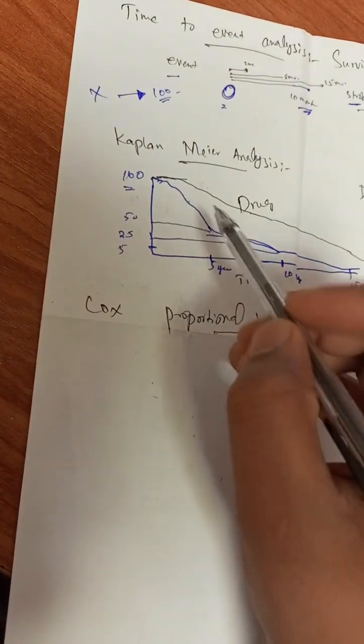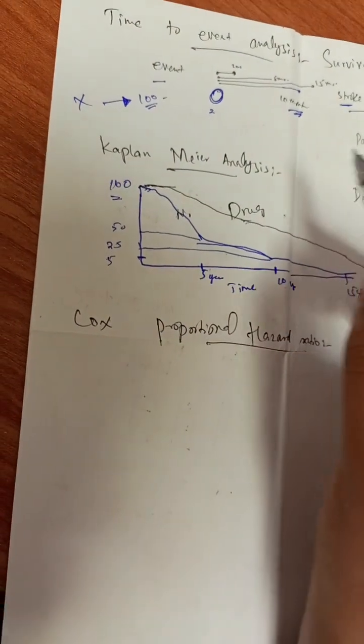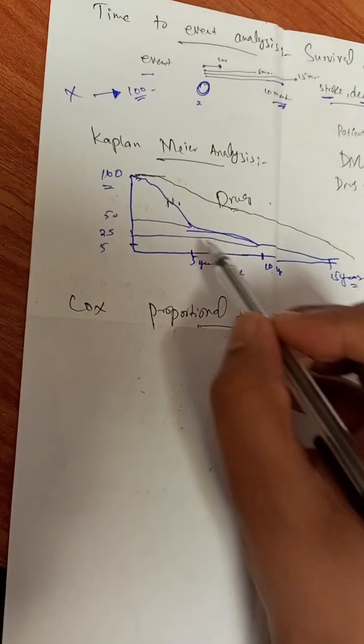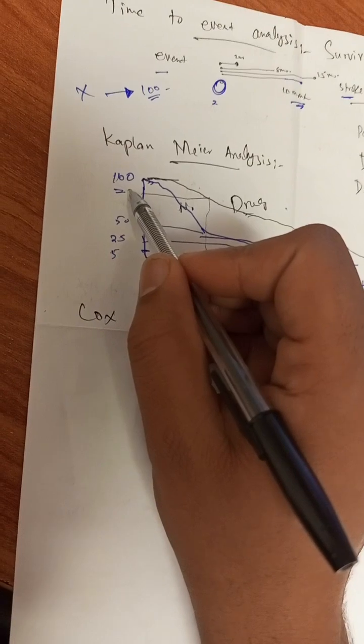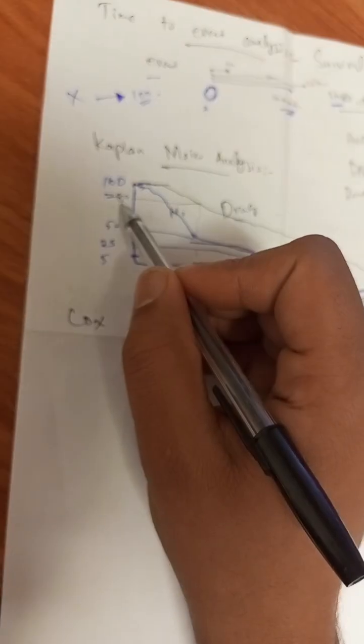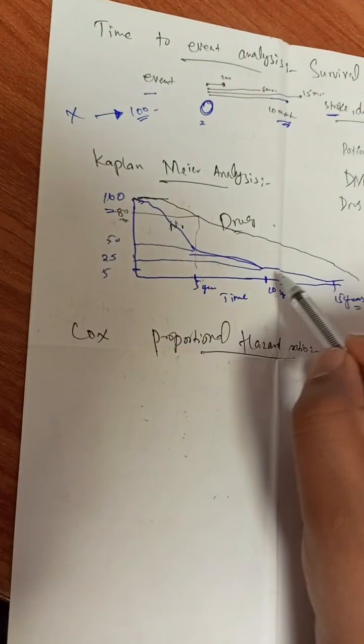So if this is the no-drug group and this is the drug group, if we look at these patients after 5 years, there were 80 surviving patients, right? And 20 patients have died.